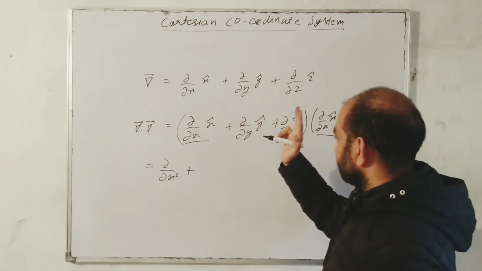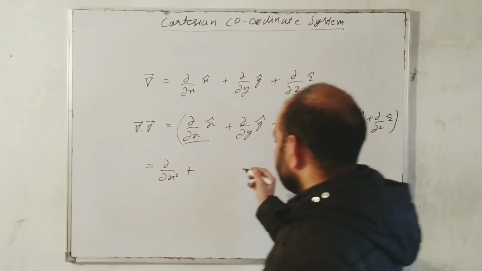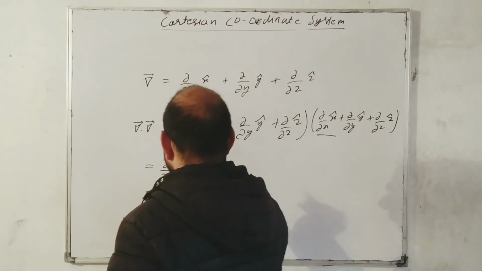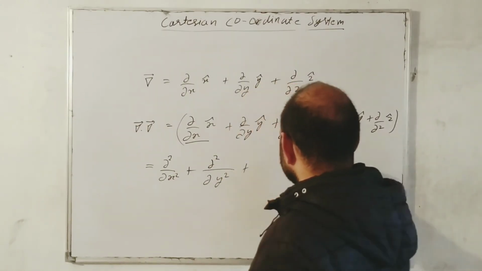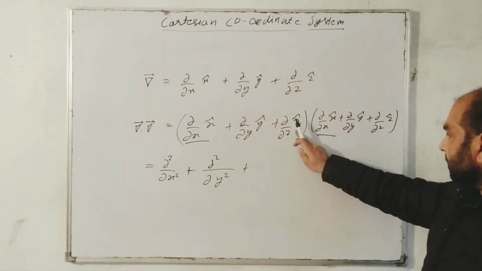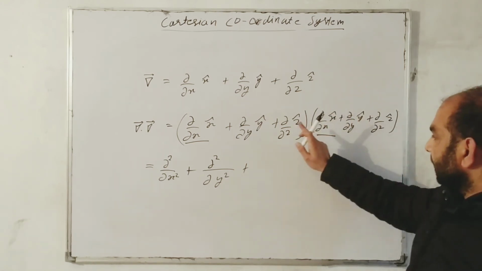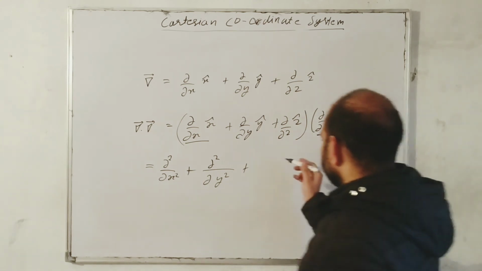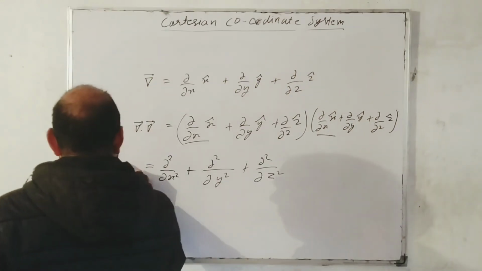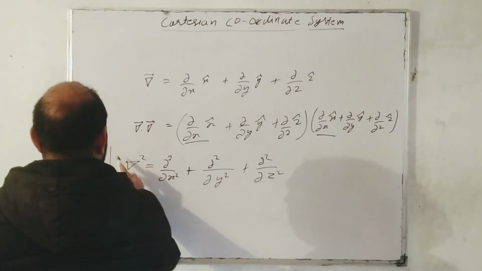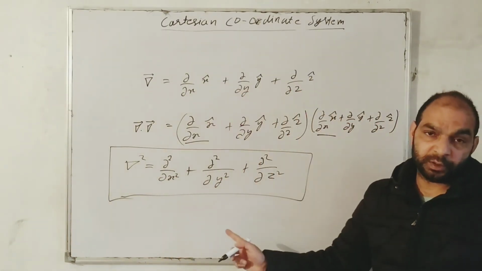Moving to the next term, y dot x will again become 0, then y dot y will become 1, giving ∂²/∂y². Now the next term: again the cross terms will become 0 because they are perpendicular, and this with this will become ∂²/∂z². So this is called the Laplacian in the Cartesian coordinate system.